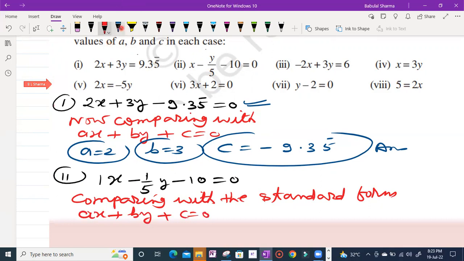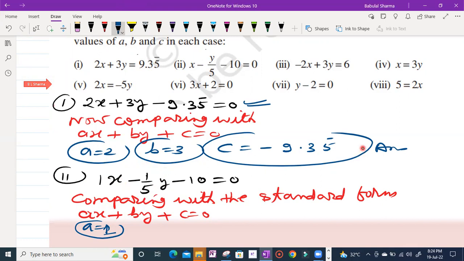To compare here, you will find that, see here, ये हमारा x है, this is x. The coefficient of x here is a, and here the coefficient of x is 1. So we can write a is equal to 1. For the coefficient of b, here the coefficient of y is b, and here the coefficient of y is -1/5.